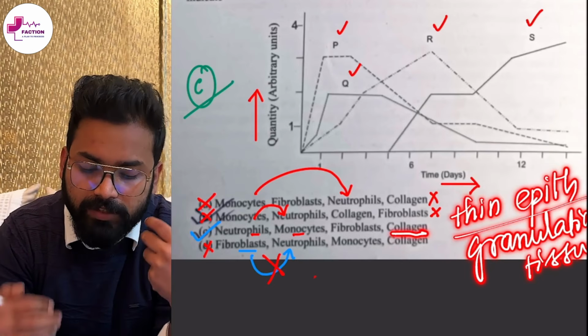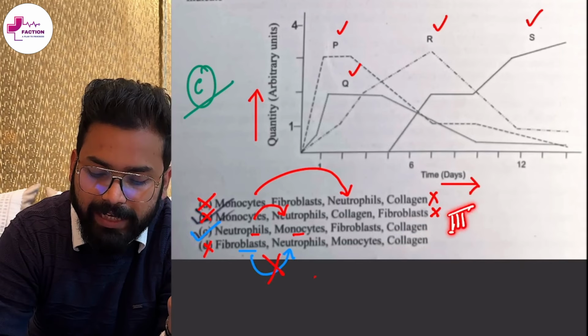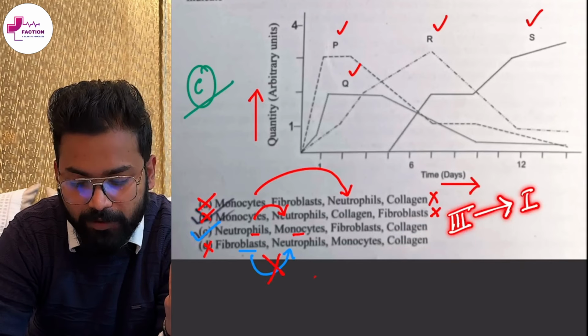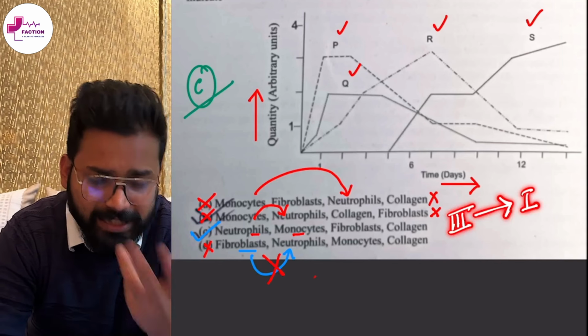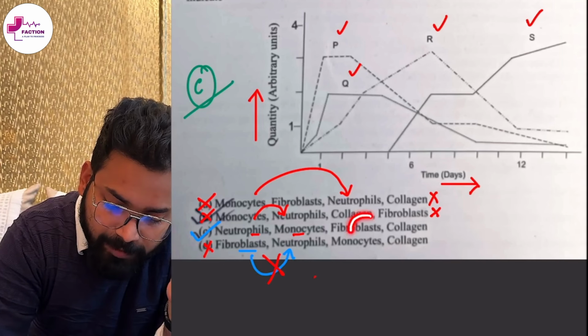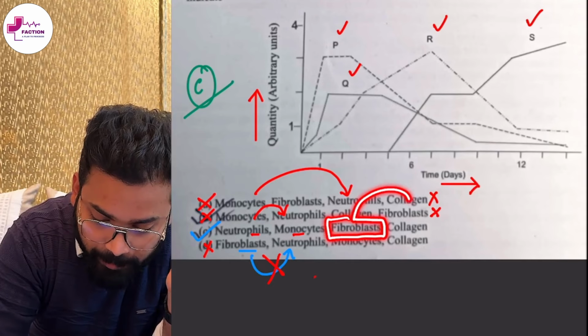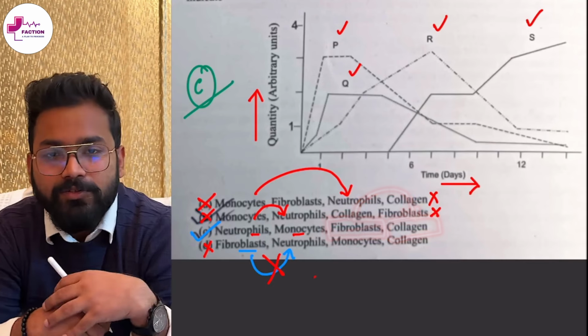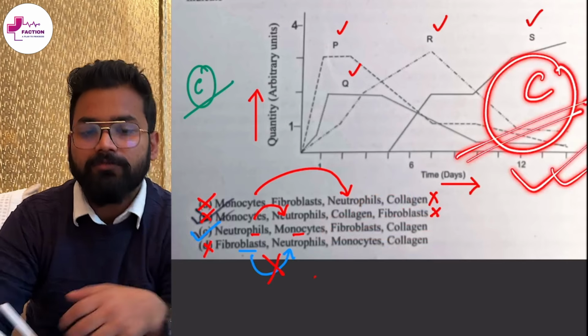If the question was asking which collagen is formed first, it would have been type 3 first, soft collagen, and then type 1, the hard collagen. But if you are a student, you can still answer it by seeing that fibroblast, the fiber forming cells, must come before fiber. So the correct option for this question would be option C, and this is the answer.